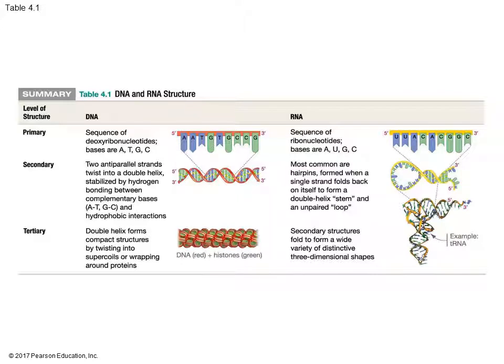I love this summary table 4.1. It compares both DNA, its primary, secondary, and tertiary levels of structure. Please remember to look at this, and please know this for the next exam.